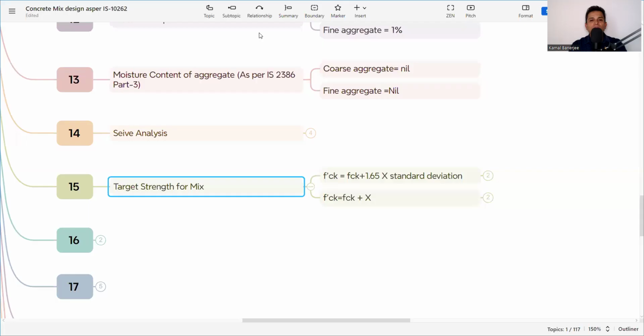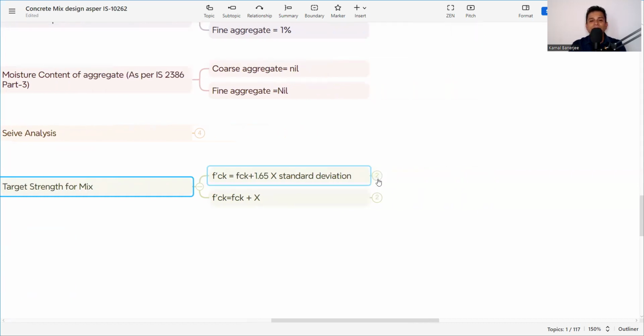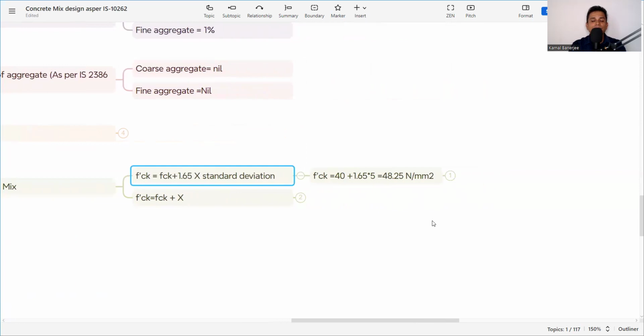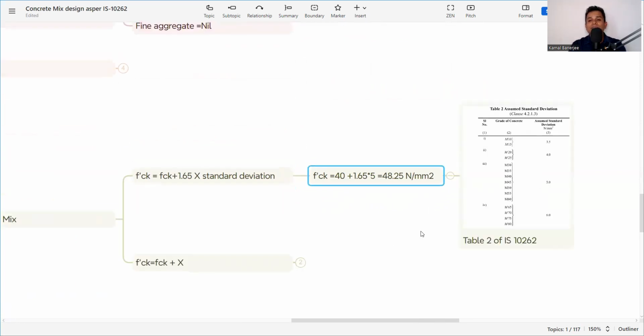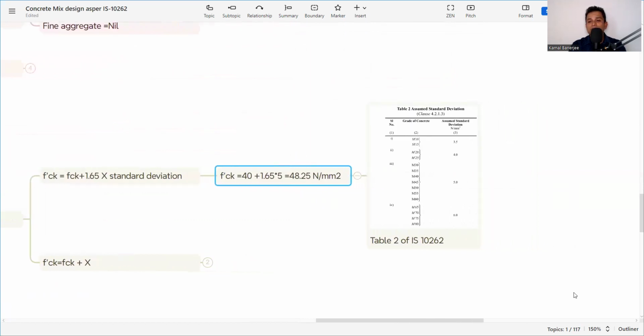See, there are two formulas we need to understand as per IS 10262. One first thing is fck plus 1.65 into standard deviation. Now, what is standard deviation? Standard deviation we can easily find in IS 456 or in table 2 of IS 10262.